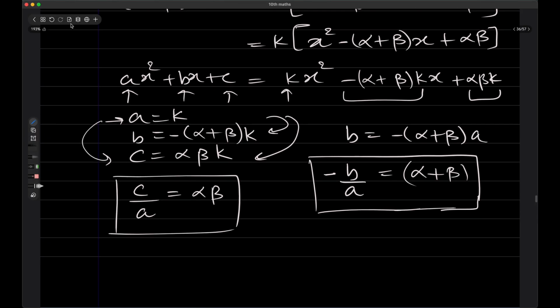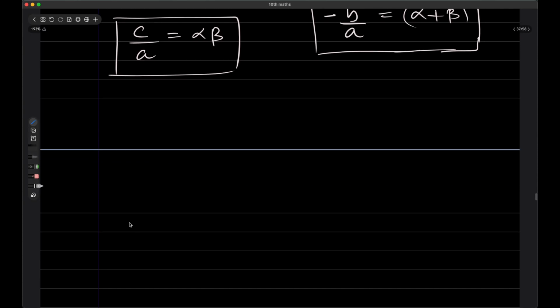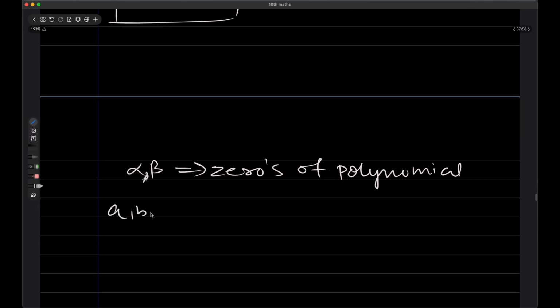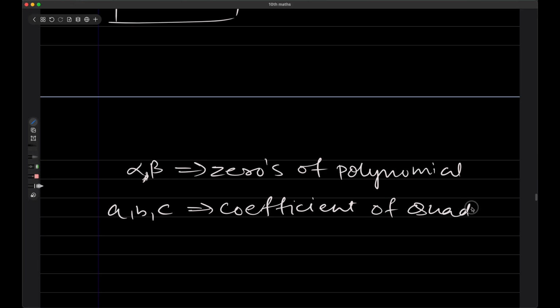So I can write alpha and beta, that is alpha comma beta are the zeros of the polynomial, and a comma b comma c are the coefficients of the quadratic polynomial.